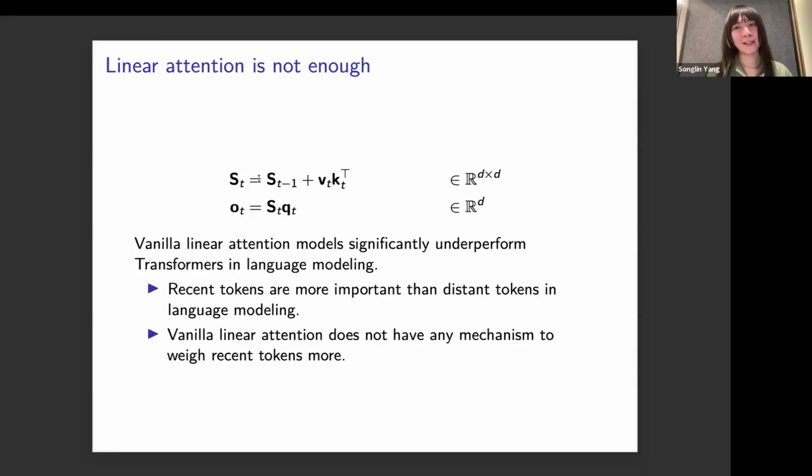If you visualize the attention map, the self-attention weighs very much on the recent tokens and also the beginning tokens, which is often referred to as the attention sink phenomenon. For linear attention, it is like a bag of words. It's a simple summation, and we do not have any mechanism to weigh more on the recent tokens. This could be a problem.